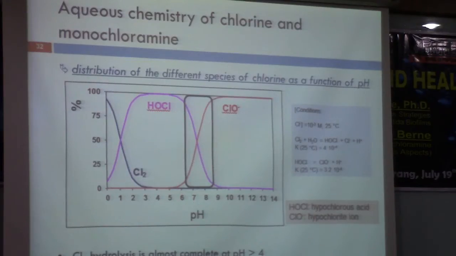It is important because the two forms of chlorine in water do not have the same reactivities with natural organic matter and with microorganisms. The most active is this form, HOCl, hypochlorous acid.